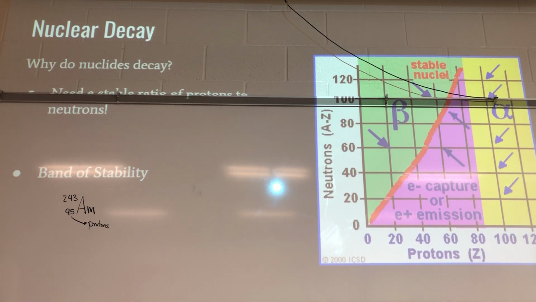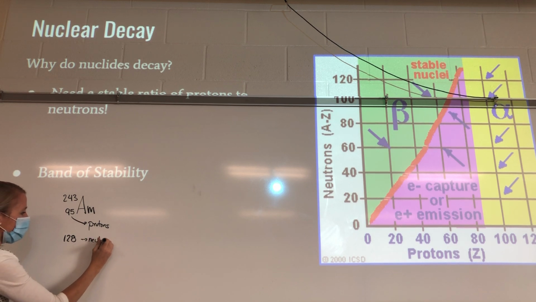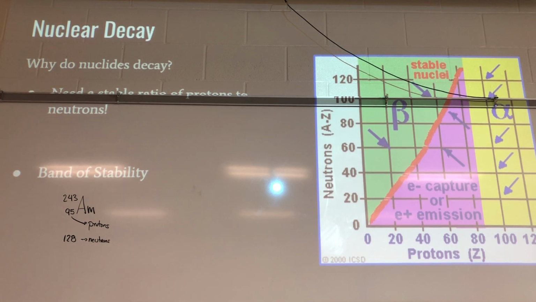Okay. How do I find its neutrons? Good, so take 243 minus 95, what do we get? 148.